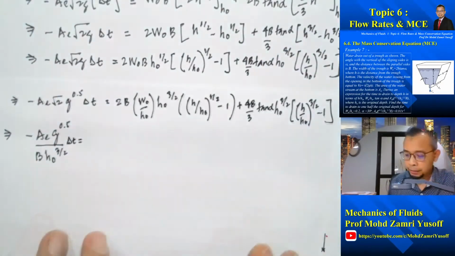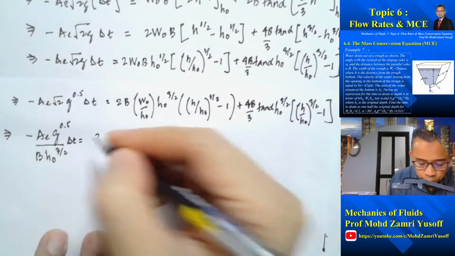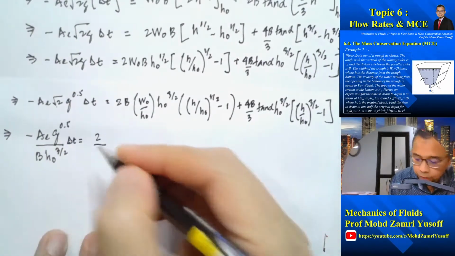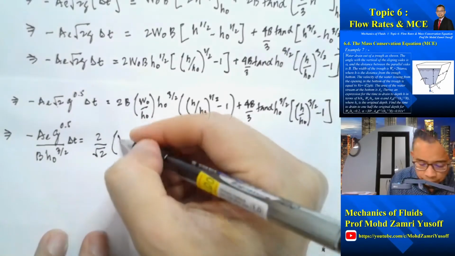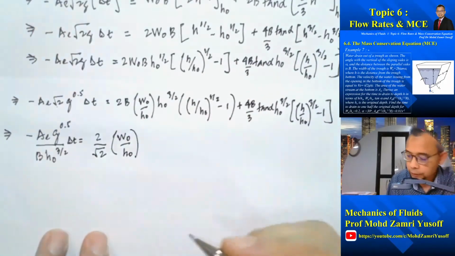delta t, and that is equal to 2. So I bring this to this side, so 2 over root 2 w naught over h naught.